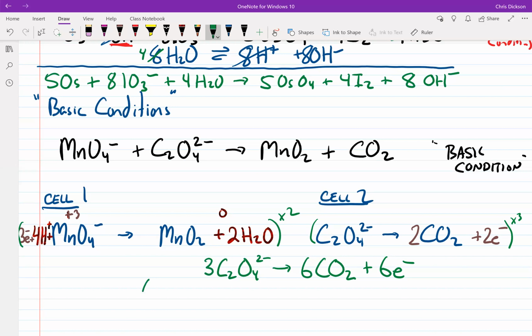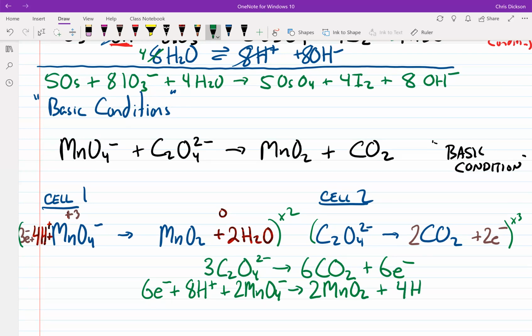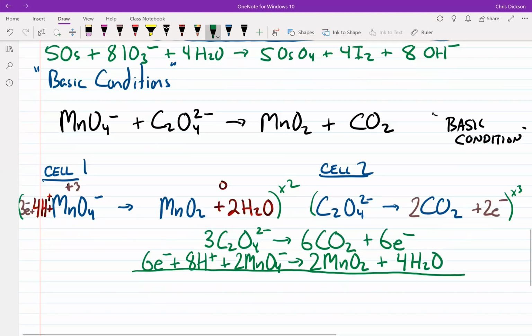So I'm going to get 6 electrons plus 8 hydrogens plus 2 MnO4 minus, going to form 2 MnO2 plus 4 H2O.